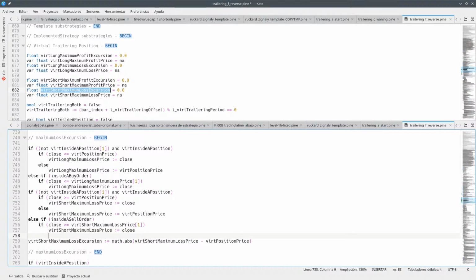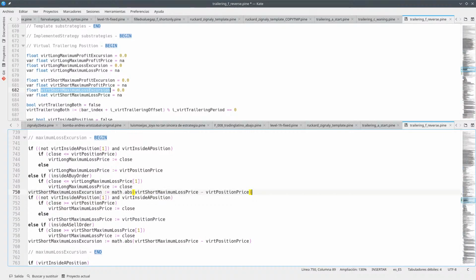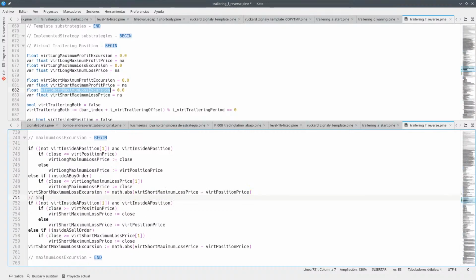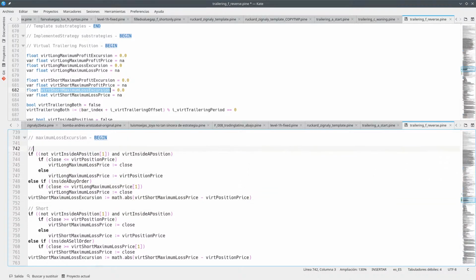Okay. Now we should have this here. So this is short. This is long. So this should be long. And this should be using the long price. But it doesn't matter how you calculate it because it's the same thing here. It's absolute value.